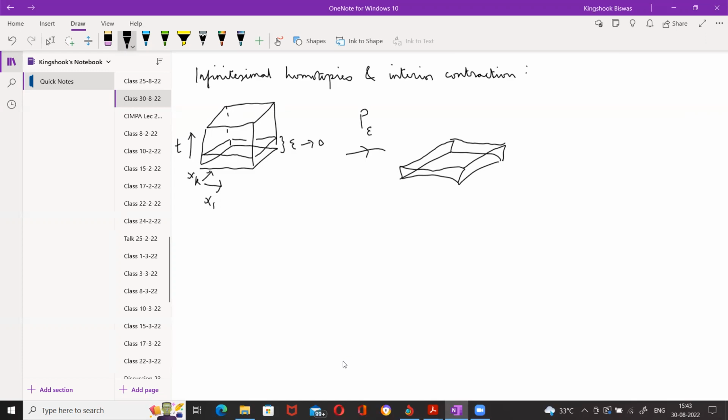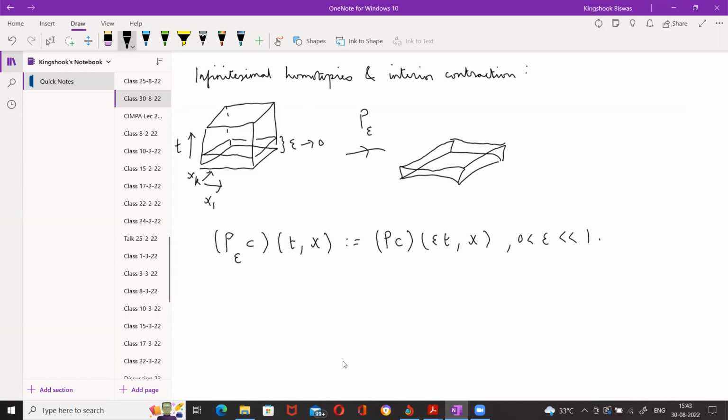So P epsilon C of Tx is defined to be PC of epsilon Tx, where epsilon is very small and positive.